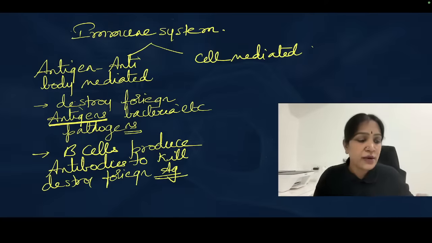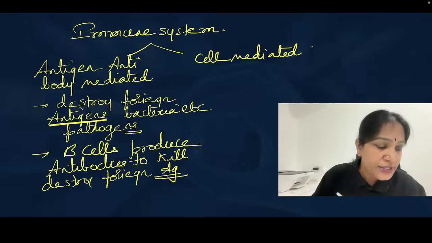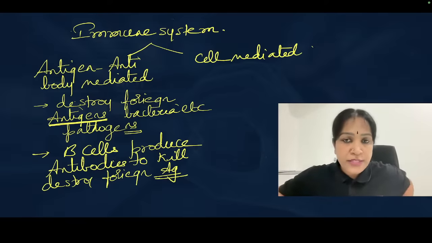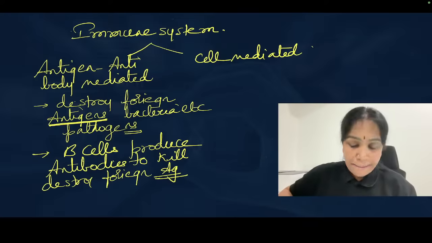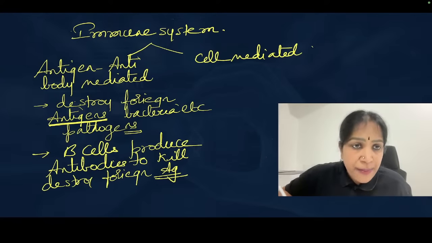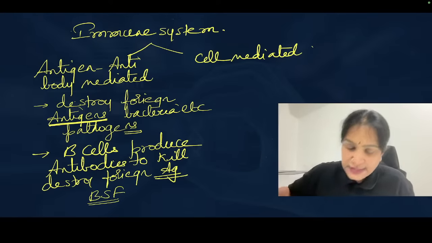Tell me, what cells of our immune system produce antibodies for foreign antigens? B cells.